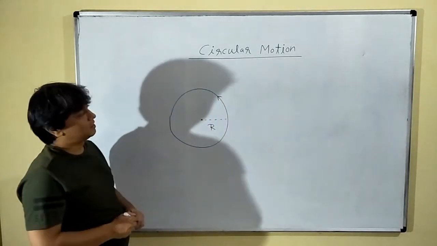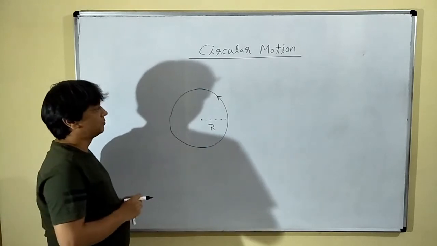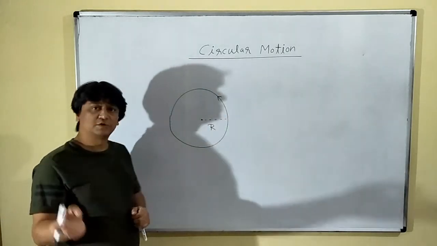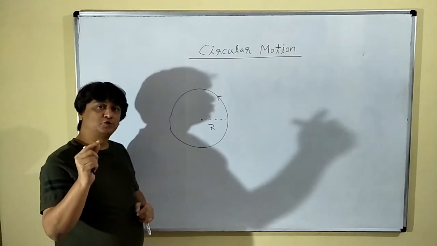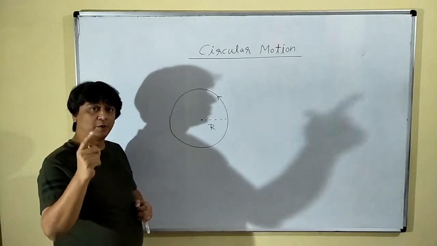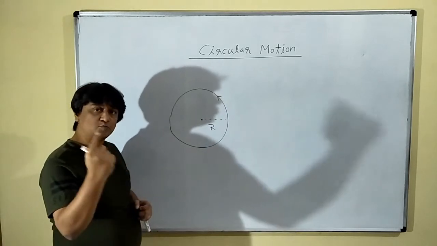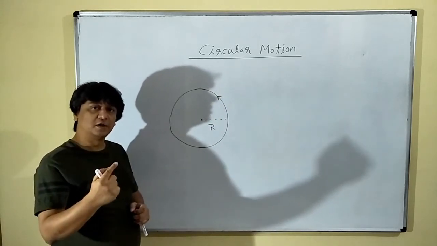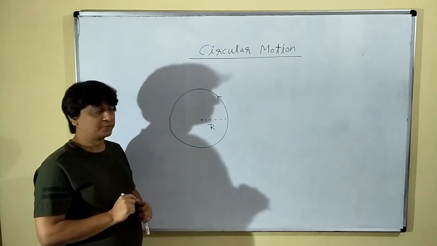Now, I said that the path must be in a two-dimensional plane. Well, if we remove this restriction, then if an object moves on the surface of a sphere, everything else will still be valid. Its distance from the center is the same.